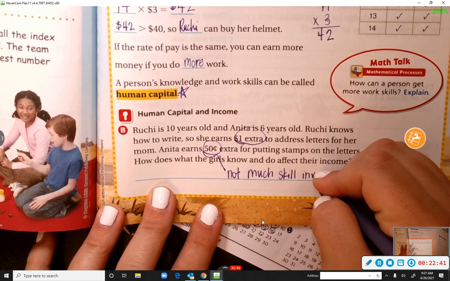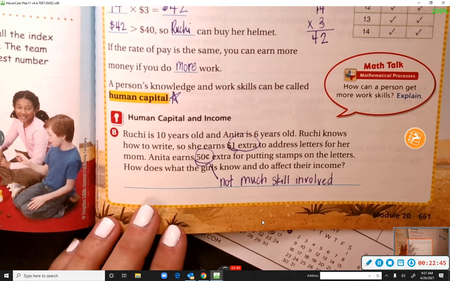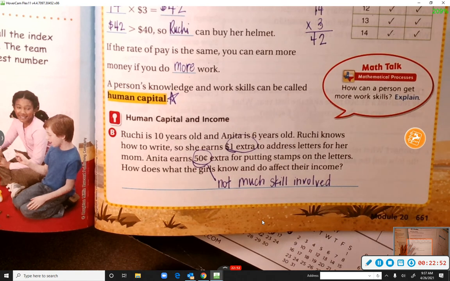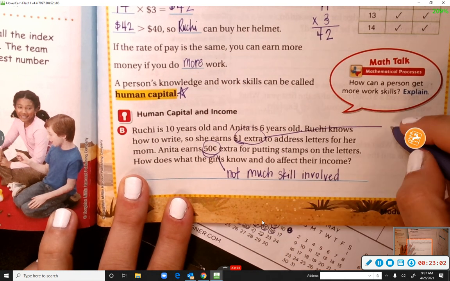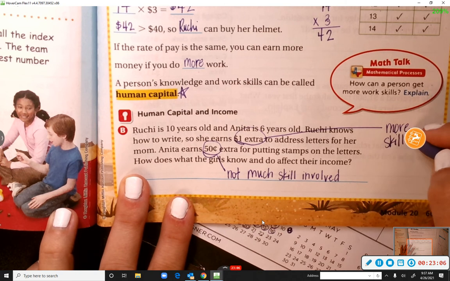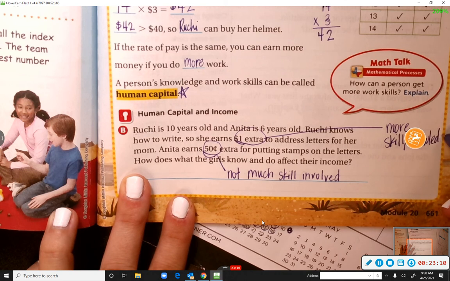But Ruchi, she's actually addressing the letters and she's having to write the addresses. So for that, you need to know how to write, you need to know how to spell, you need to know how to address an envelope. So there's more skill involved. Does that make sense? More skill or knowledge is necessary to address envelopes.